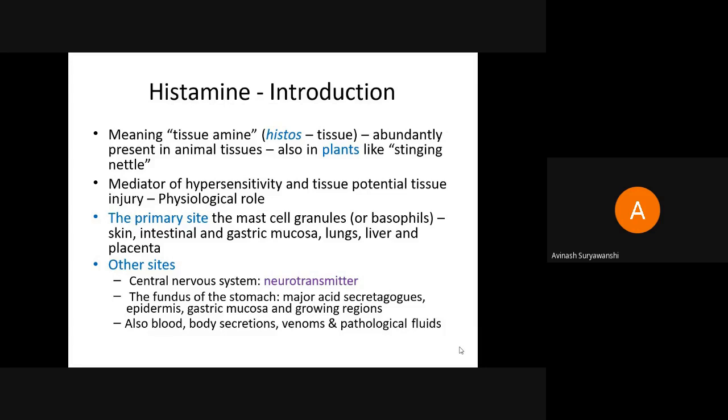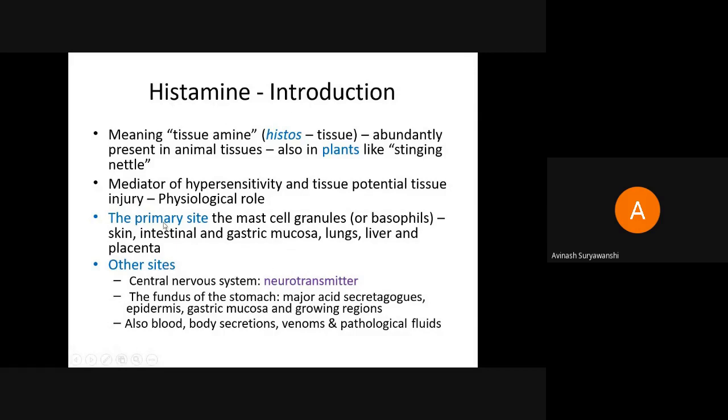They are not stored in granules; they are synthesized by that cell. Here you can see the central nervous system, which is a non-mast cell source, where the neurons produce it. Similarly, in the fundus part of the stomach, non-mast cells are synthesizing histamine.